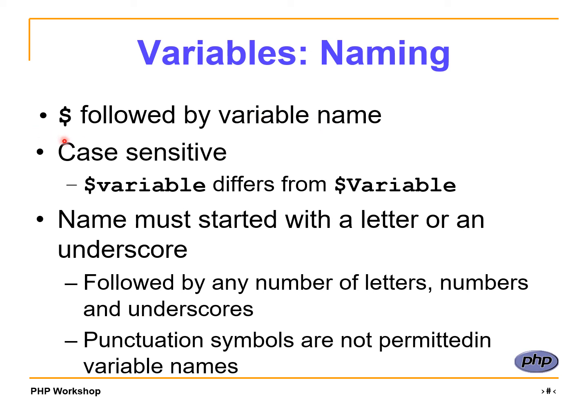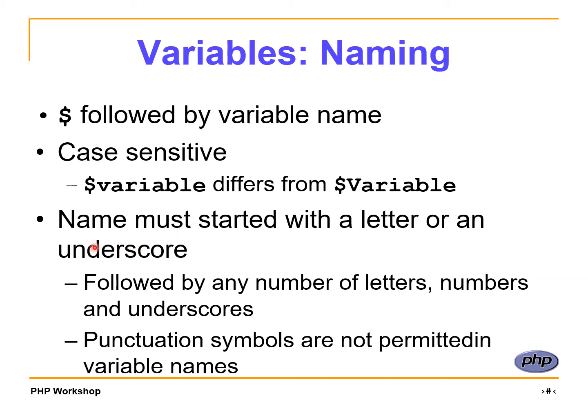So the dollar sign indicates that the corresponding name is a PHP variable. The PHP language is case sensitive. So this $v variable differs from the $V variable. This is a small letter v and this is a capital letter V. So both are considered different variables because the language is case sensitive.